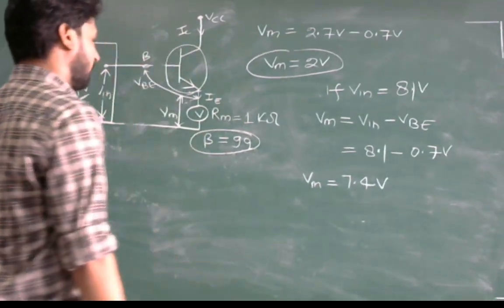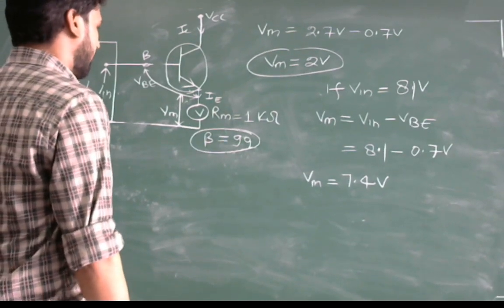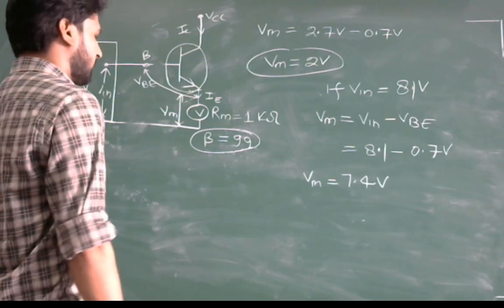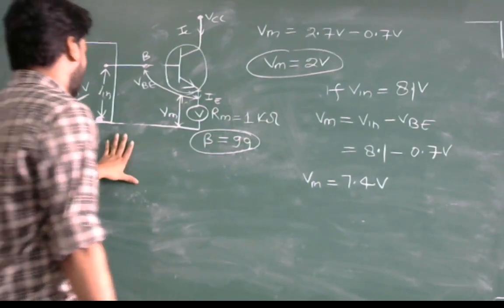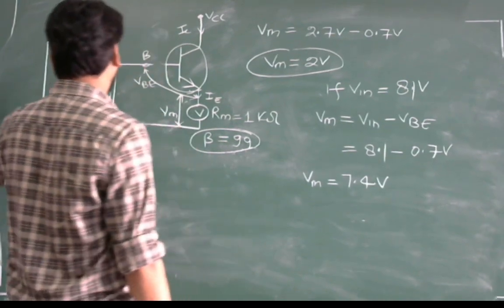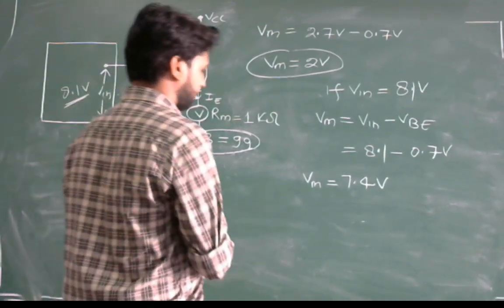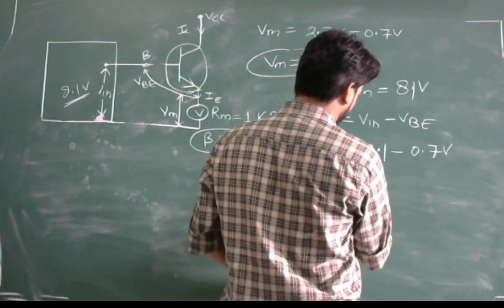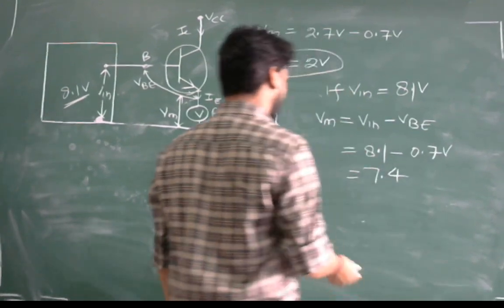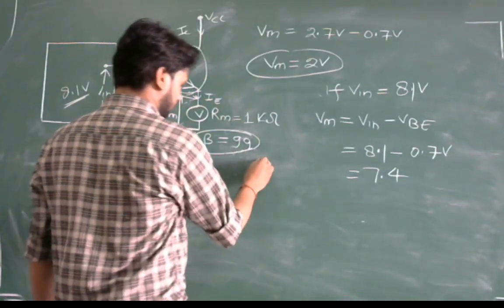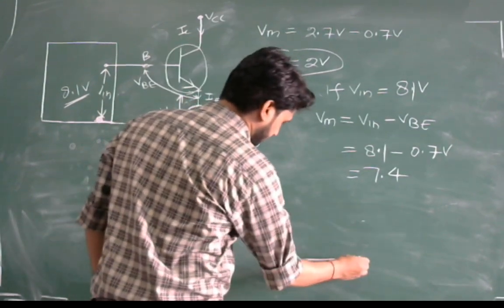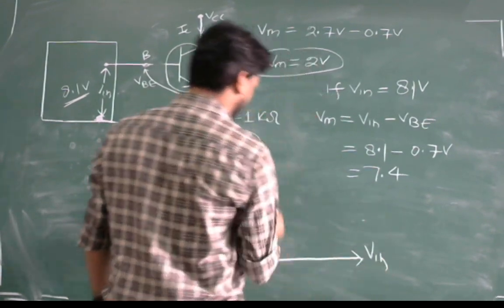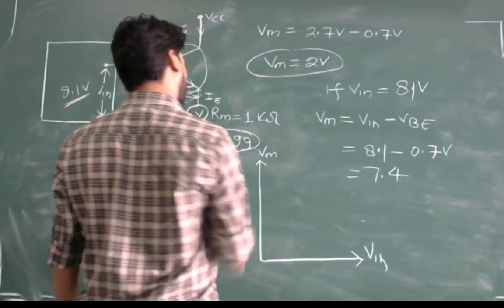Now we will draw the relation between the input voltage and the voltage we are getting at the output, that is, the graph between Vin and Vm. This is 7.4 volt when the input voltage is 8.1. Now draw the graph between the input voltage Vin and the output voltage Vm.